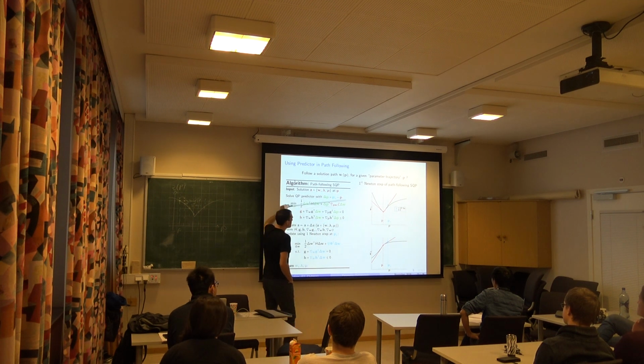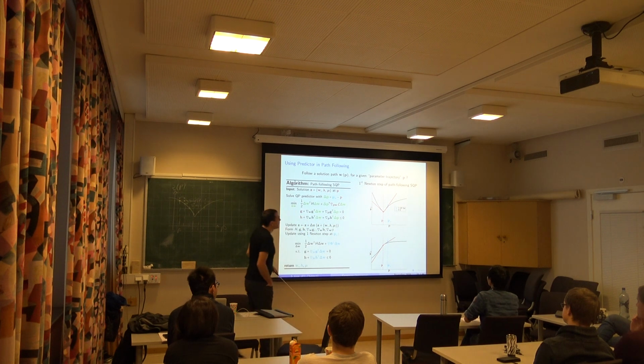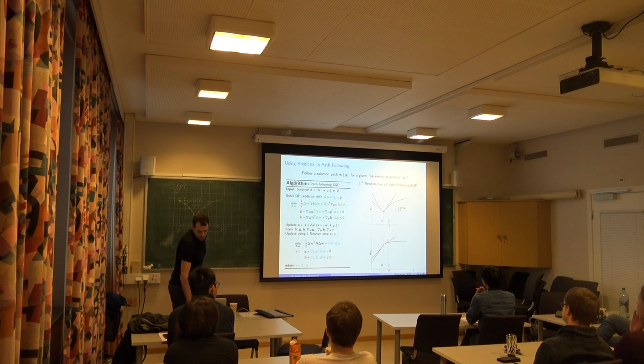So doing this preemptive correction using the predictor allows you to form the QP at a much better point, and then get a very good solution for the next point. Okay with that?